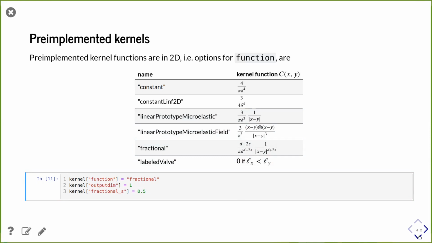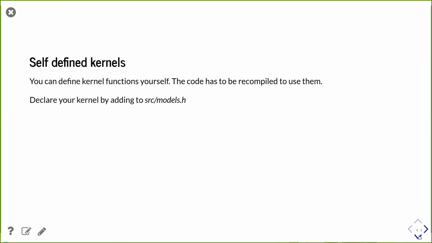So those are the kernels. Of course, that might not be what you want, so you might want to declare kernels on your own. For that, you have to recompile the whole code and install the kernel at the specific points. In the repository, there's a directory called source, and in that you find the models header.